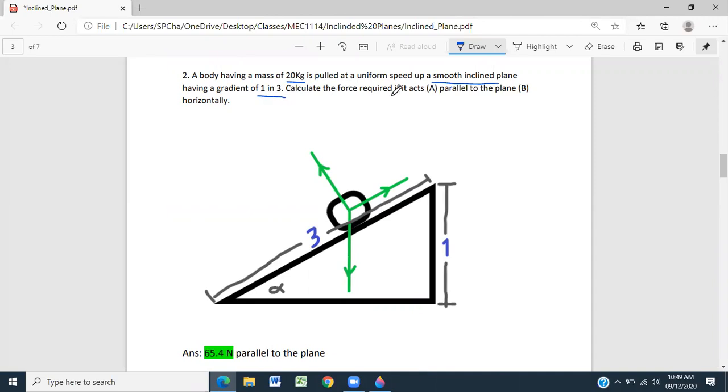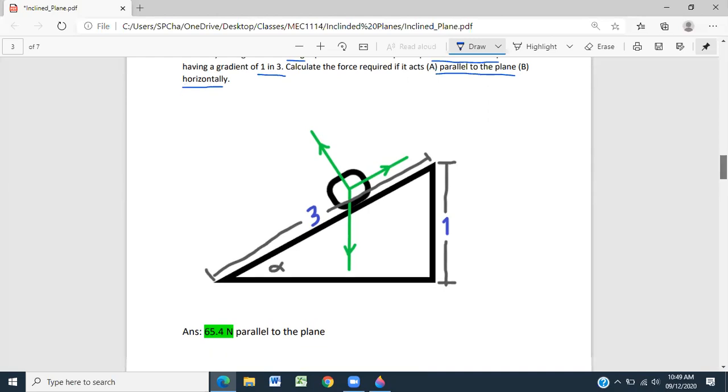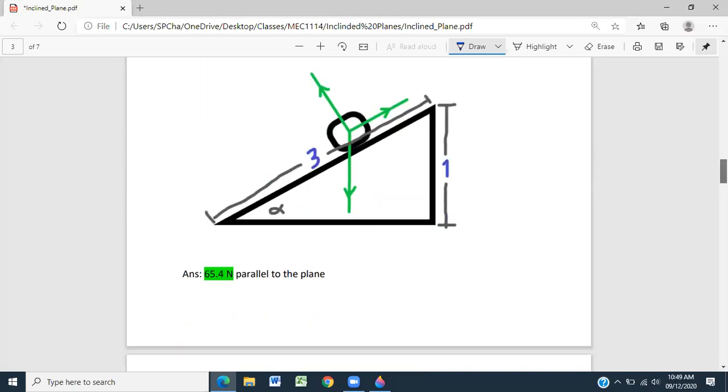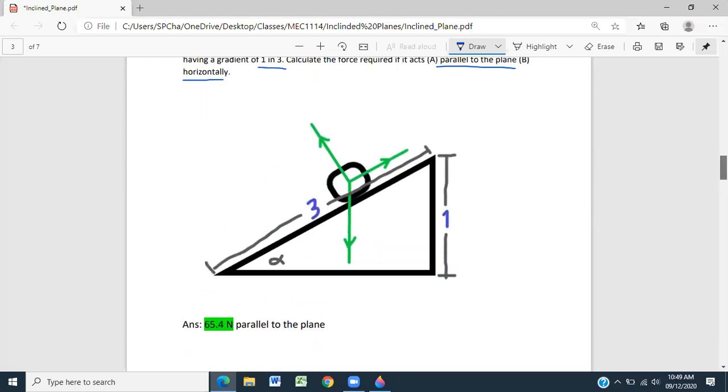Calculate the force required if it acts A, parallel to the plane, or B, horizontally. So these are two use cases we already developed formulas for, right? So parallel to the plane, let's see.